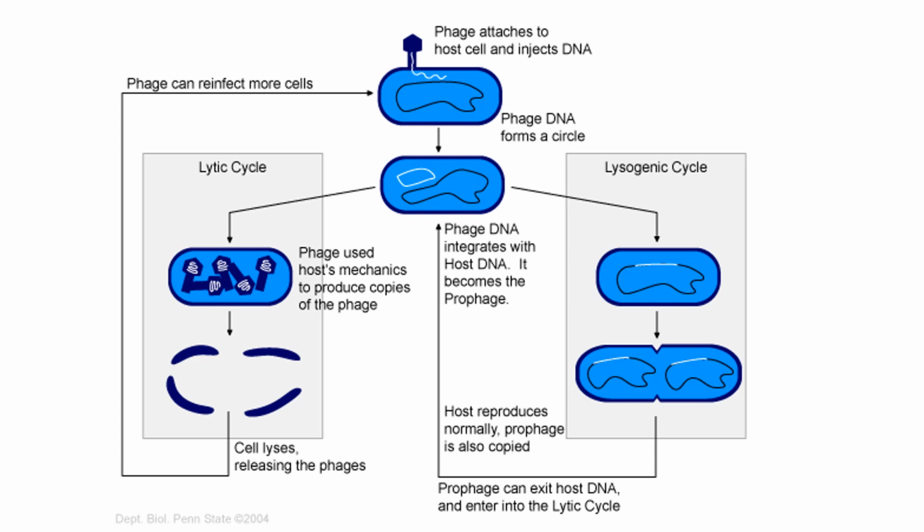When this happens, the phage DNA hijacks the machinery of the host cell to produce copies of the phage, which is shown in the lytic cycle on the left. It lyses the cell, because now it kills the cell to get out and release. This can infect more cells.